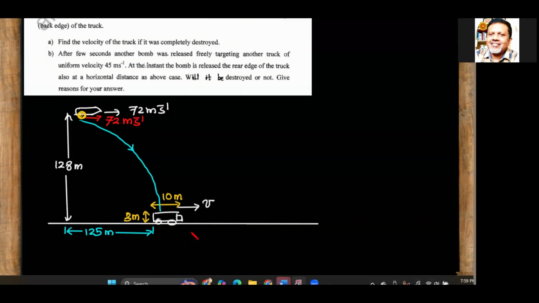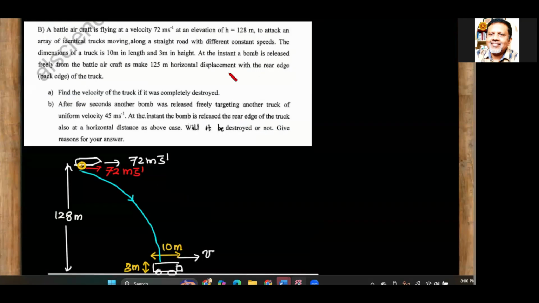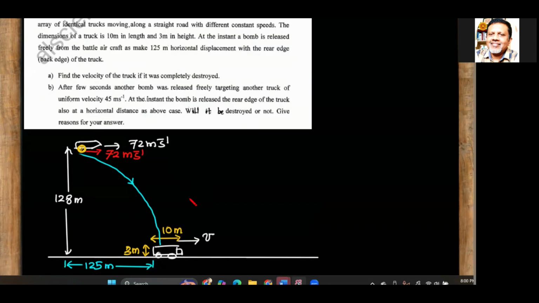However, remember the truck is also moving, right? Therefore, in this case, we have to consider the relative velocities, otherwise very difficult. Okay, so it says 120 meter horizontal displacement with the rear edge, back edge of the truck.